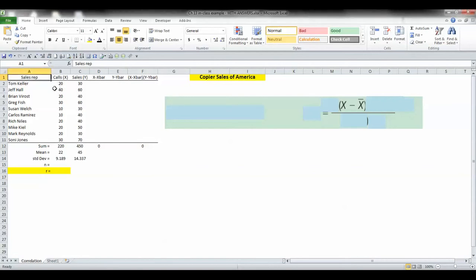In this case, I've already filled in some of the formula values here, so you should be familiar with how to do these. This is just the sum of all of the x variables, the sum of all the y variables. The mean of the x variables and the mean of the y variables are here, and then the standard deviation formula right here. And we can put in the count as well.